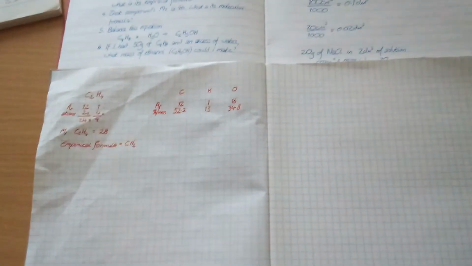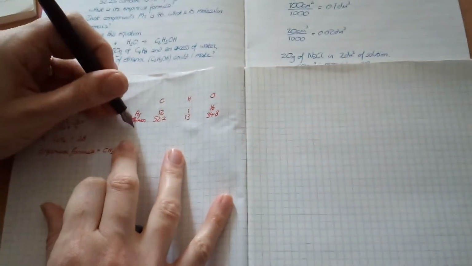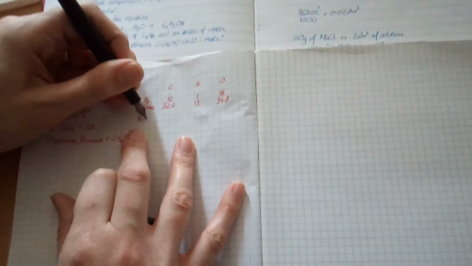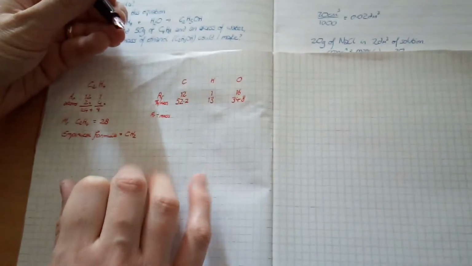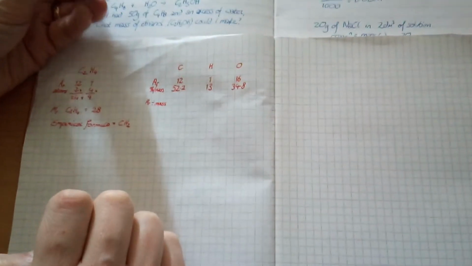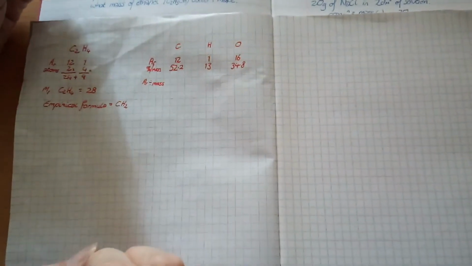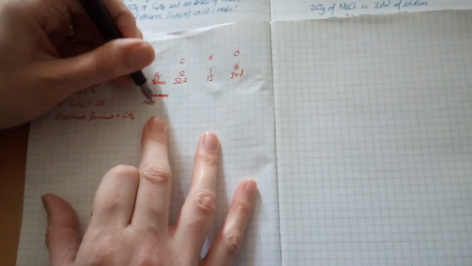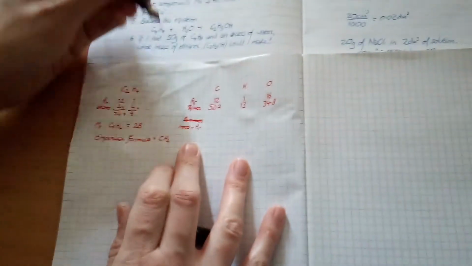Okay, next thing we need to figure out is the moles. For those of you doing higher paper, this is the amount of moles. Sorry, wrong way round. Mass divided by the Ar, because it's mass over Mr. Moles.